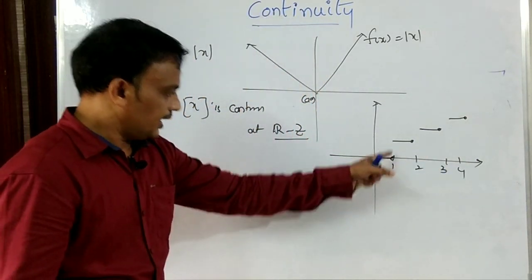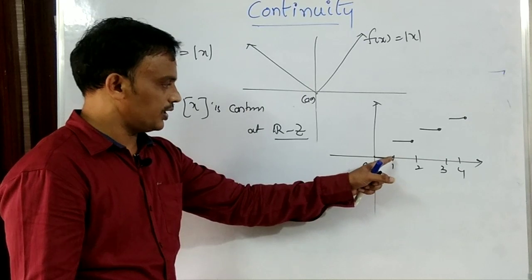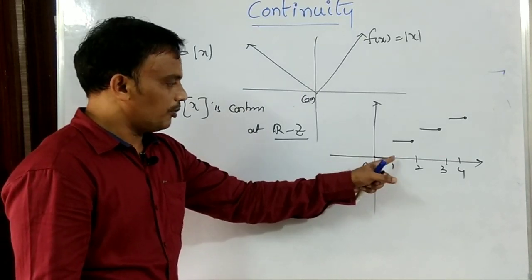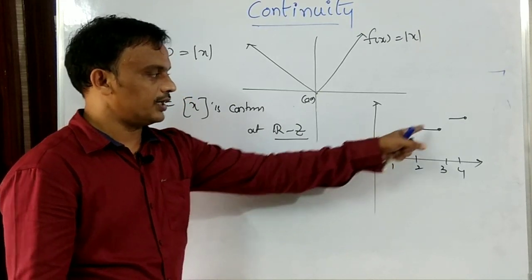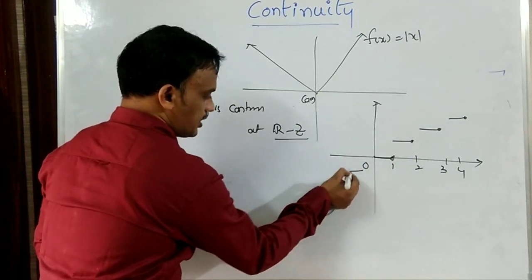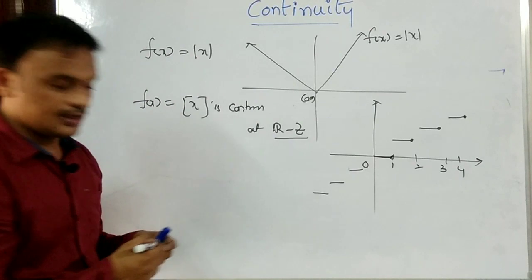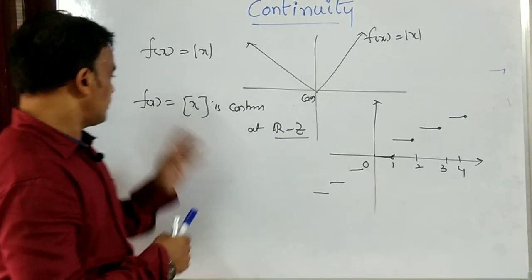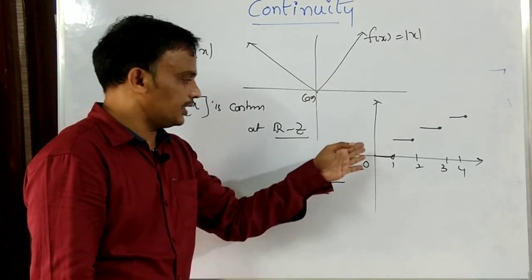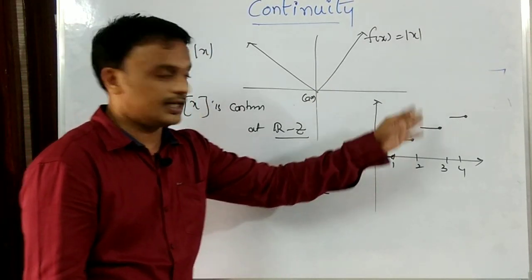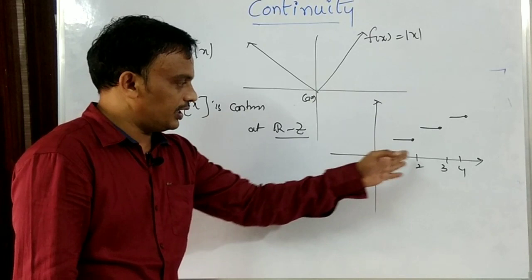Excluding the values, at x equals 1 its value is 1. Up to 2, for 1.2, 1.3, 1.4, its value is 1, like this. Clearly you are observing that for the greatest integer function graph, you get breaks at the integers.